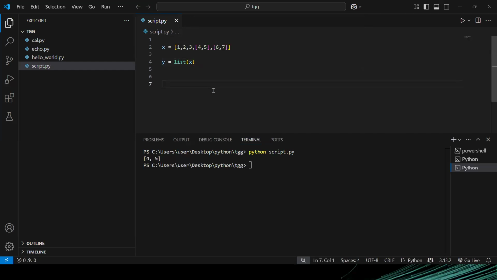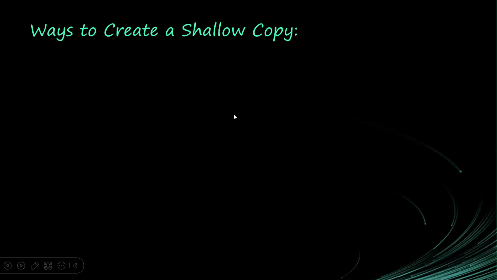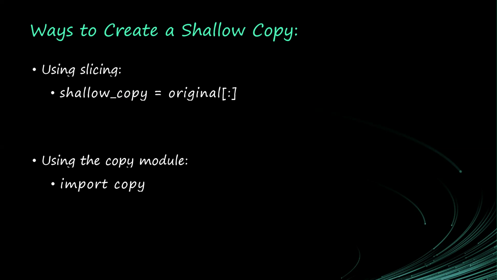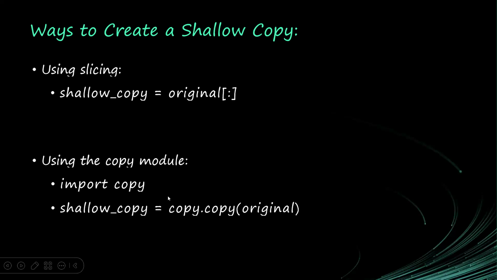So you can use the copy method, you can use the list constructor, and you can also use the slicing method, which also creates a copy. There's also a module called the copy module, and if you use it, you're making a shallow copy.